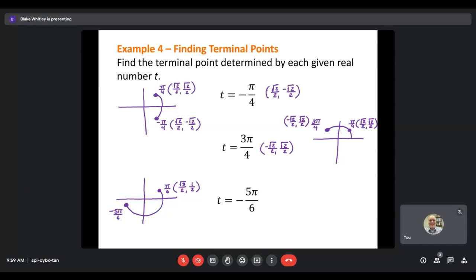Now this time, because we've moved to the third quadrant, both the x and the y values have to become negative. And so this point down here should give us negative square root of 3 over 2 and negative 1/2. So our terminal point is negative square root of 3 over 2, negative 1/2.